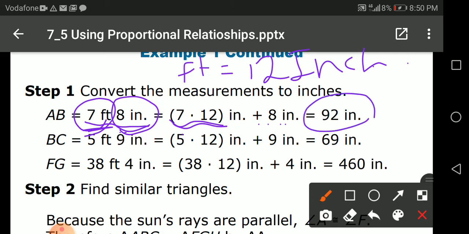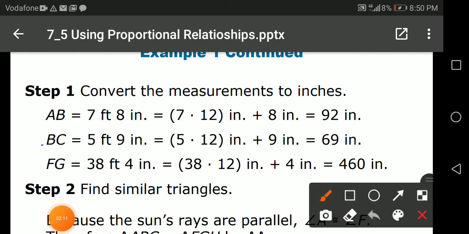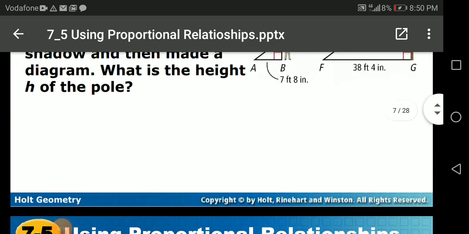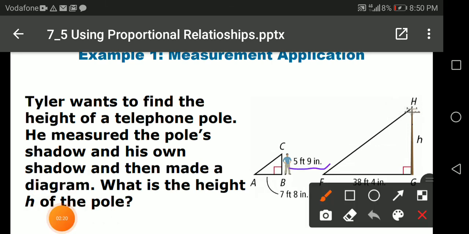When I have the other one, BC, it's 5 feet 9 inches. Please look back. 5 feet 9 inches. This one, BC.